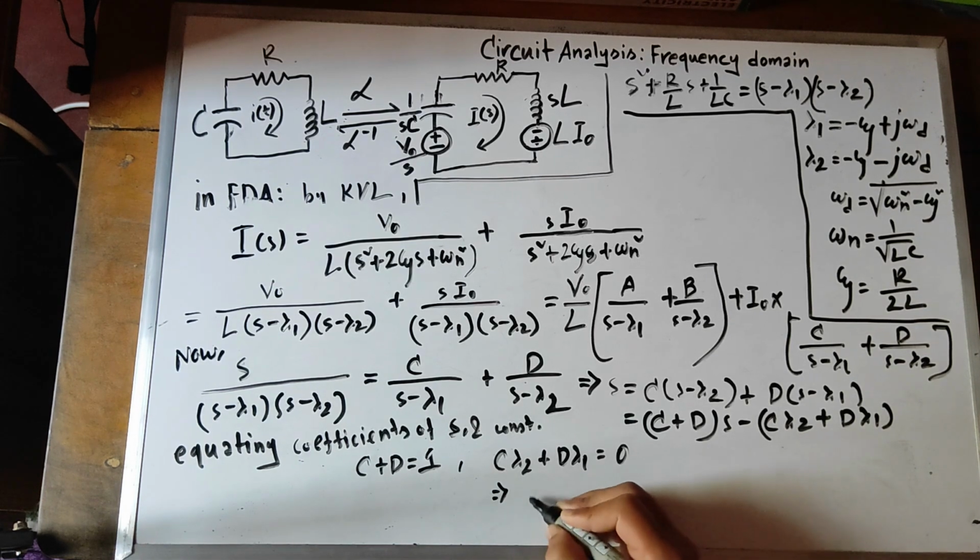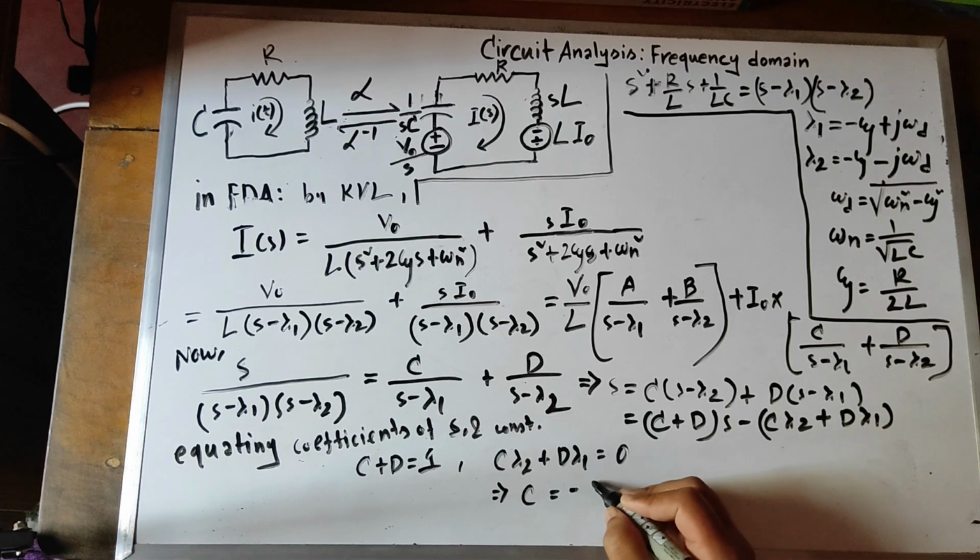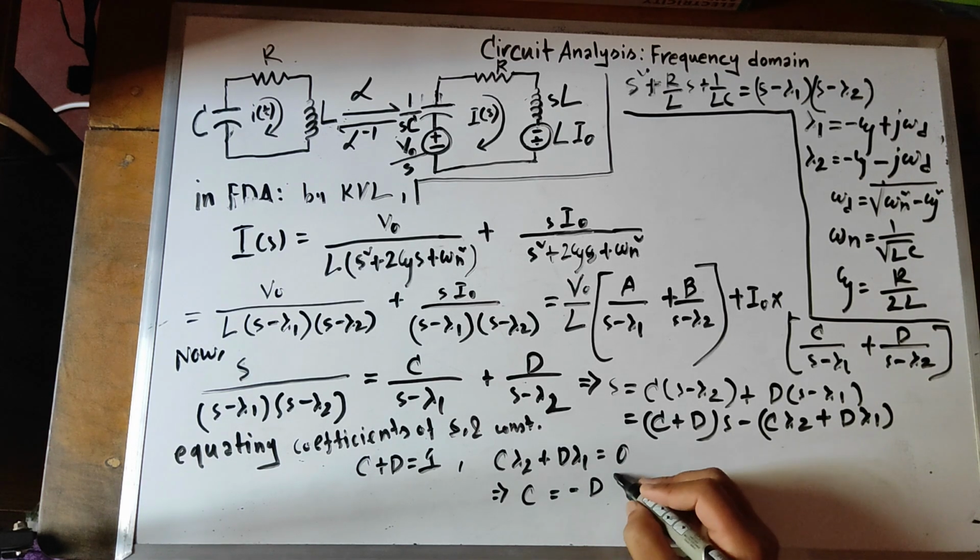Now from this we can get C equals minus D lambda 1 by lambda 2.